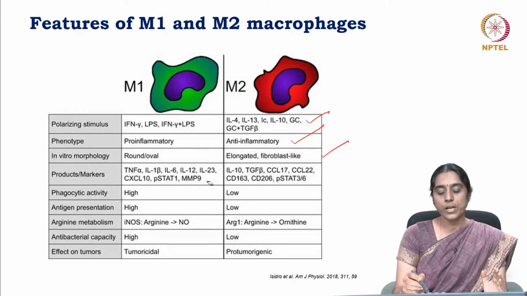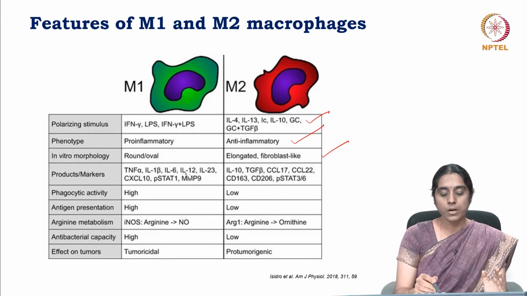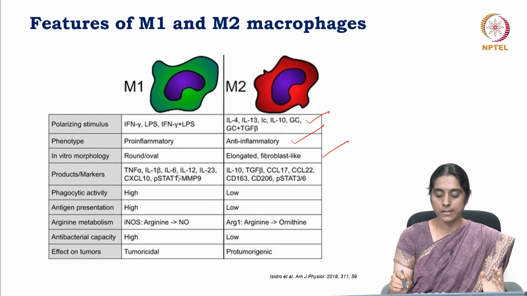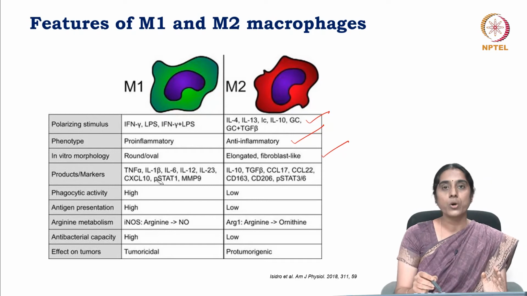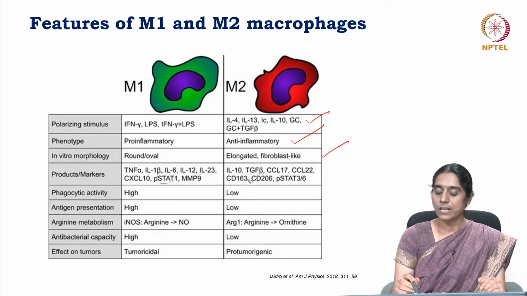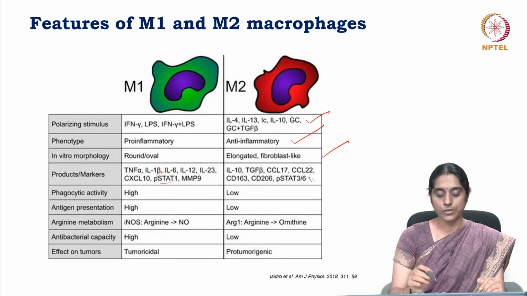The markers for M1, if you are particular about the cytokines, are TNF-alpha, IL-1 beta, IL-6, IL-12, IL-23, and it also secretes the chemokine CXCL10, then MMP9, and it also has activated pSTAT1. While in the case of the M2 phenotype, it is IL-10, TGF-beta, CCL17, CCL22, CD163, CD206, etc.